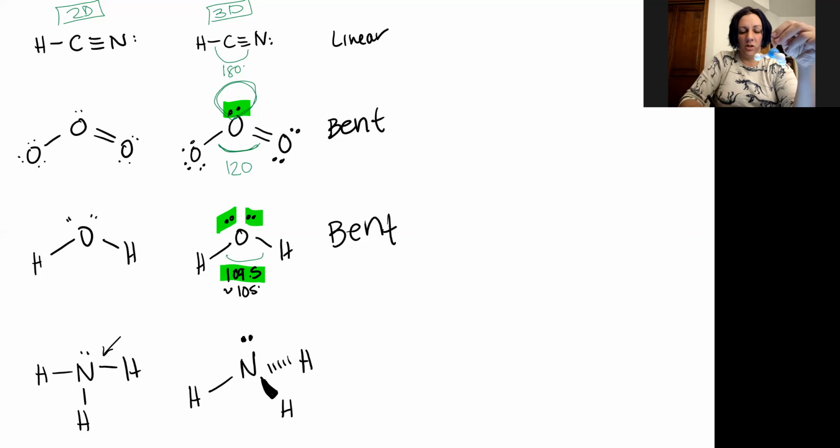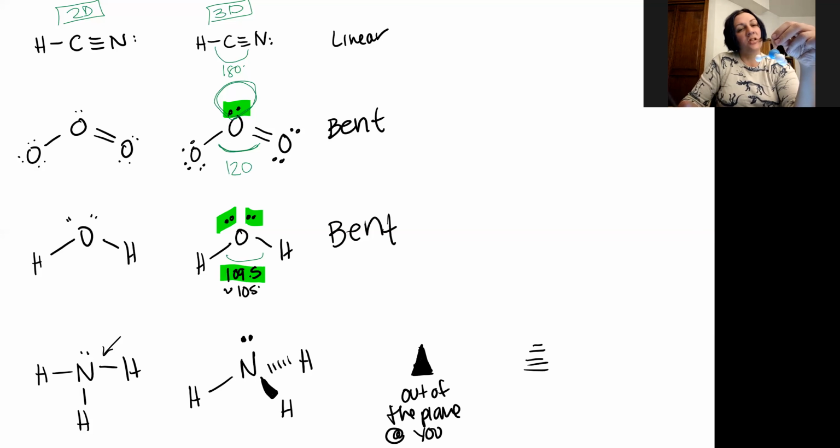In general, when we have a filled-in wedge like this, it means that whatever's bonded to it is coming out of the plane of the paper, so it's like coming at you when you look at it. And if you see a dashed wedge like this, it means it's going into the plane, away from you.